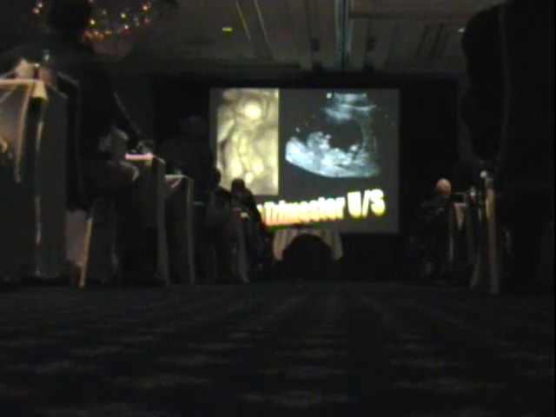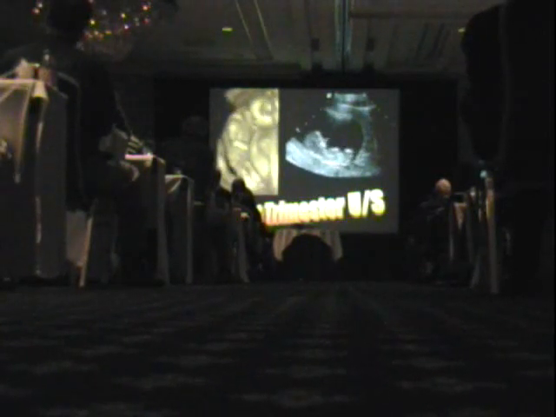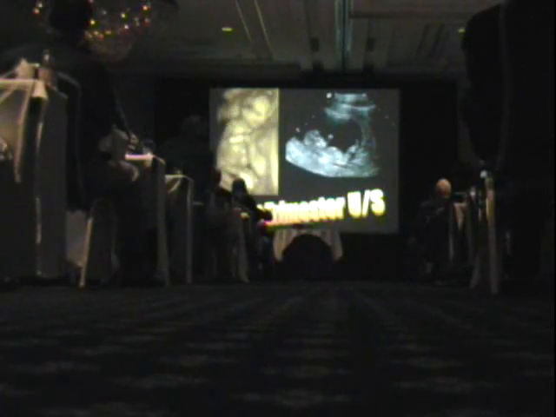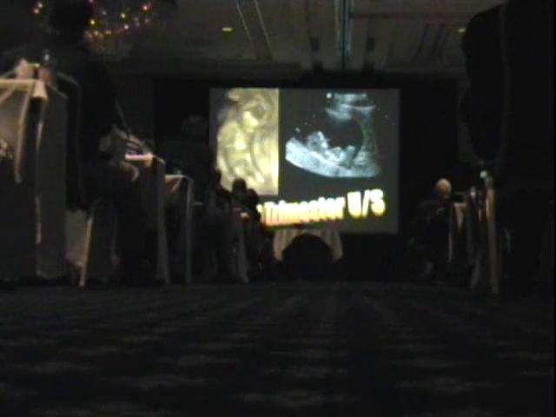We also have the ability to see things in great detail with transvaginal scanning and with just higher resolution transabdominal probes.